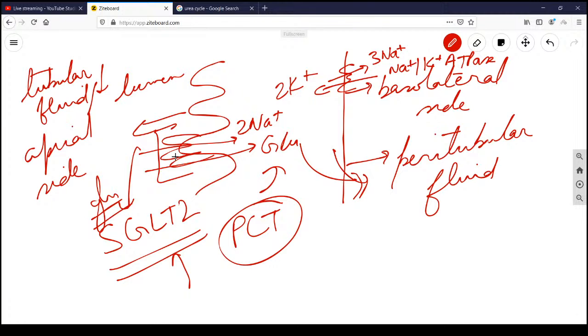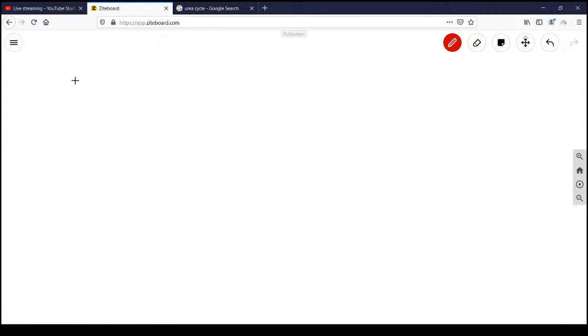It is also used in the treatment of heart failure, for persons who are diabetic and suffering from congestive heart failure. So next is question number 36. Nitrogenous waste products are eliminated mainly as, question number 36.